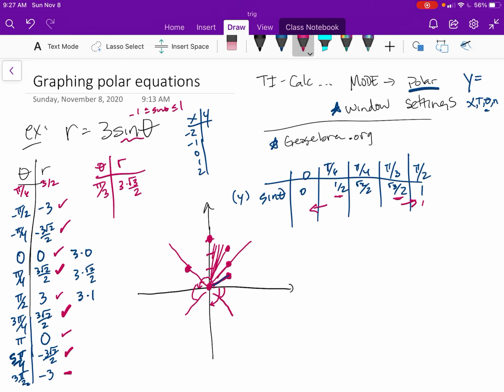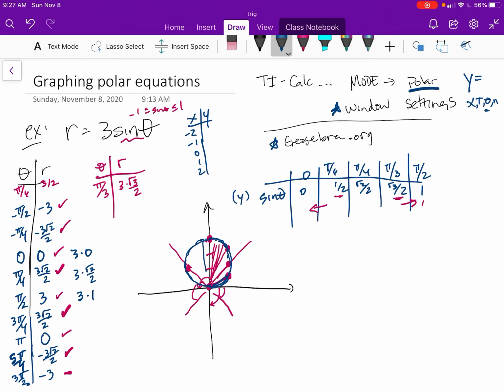So as a visual, I could kind of see what's happening. The smaller the angle, the smaller the radius. The larger the angle up to pi over 2, it's coming close to 1, which is coming close to a radius of 3. So therefore, this should be circular over here, and because of symmetry, it's going to do the same thing over here, right?